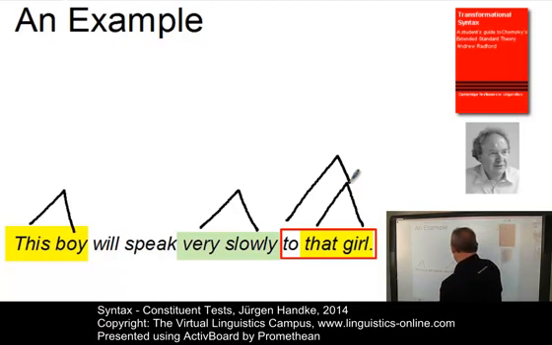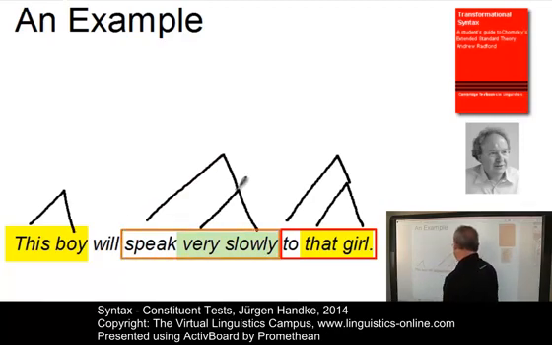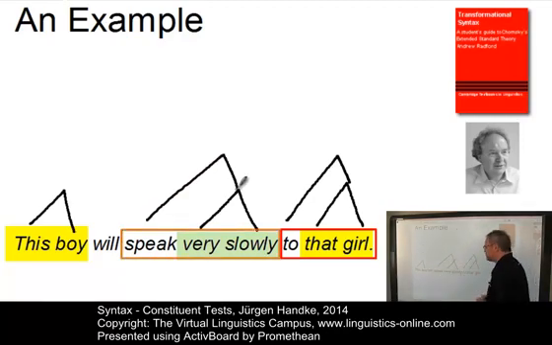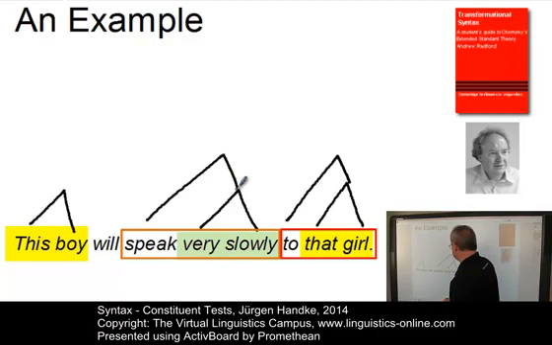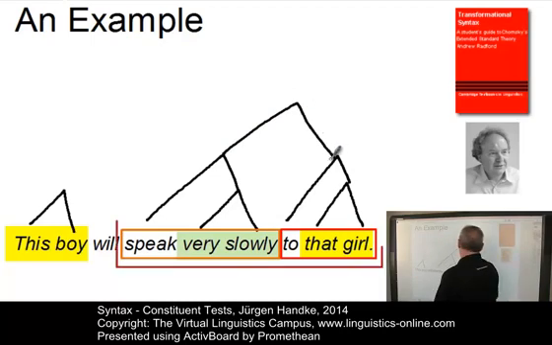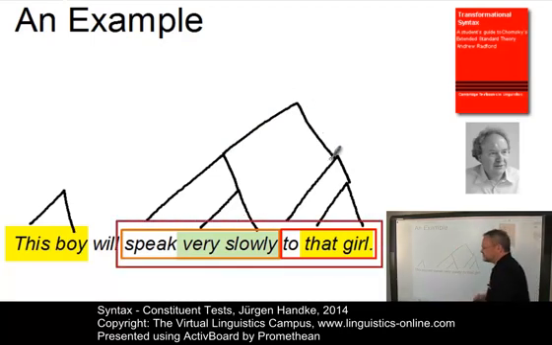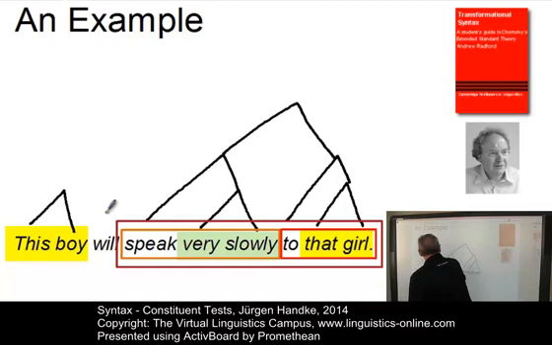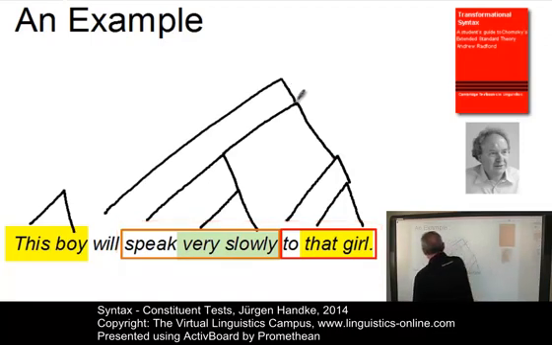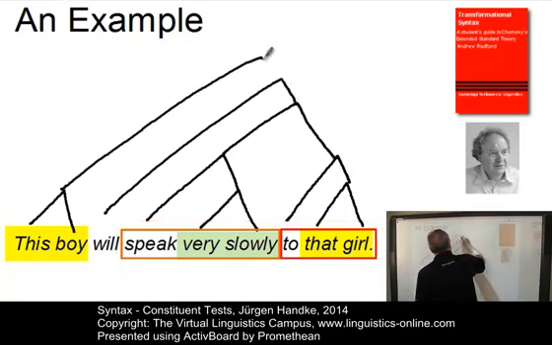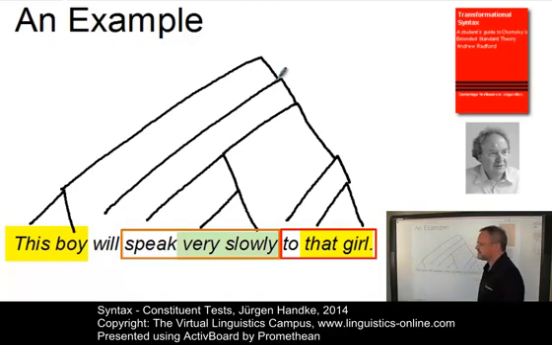And eventually we will intuitively understand that "speak" and "very slowly" belong together. And at a later stage we will group "speak very slowly" and "to that girl" into another constituent. And eventually we will come up with this sort of hierarchical structure, which then displays the entire sentence.